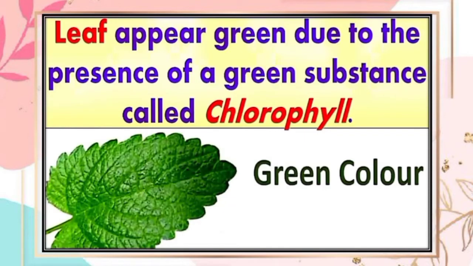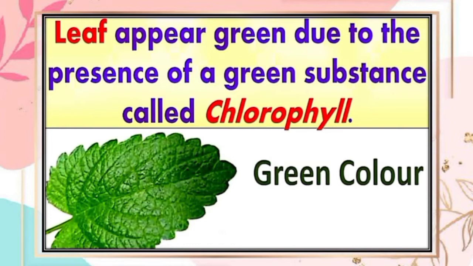They are green due to the presence of a substance called chlorophyll in the leaves. So children, chlorophyll is such a substance which is present in the leaf of the plant, and because of this substance called chlorophyll, the green plants appear green in color.